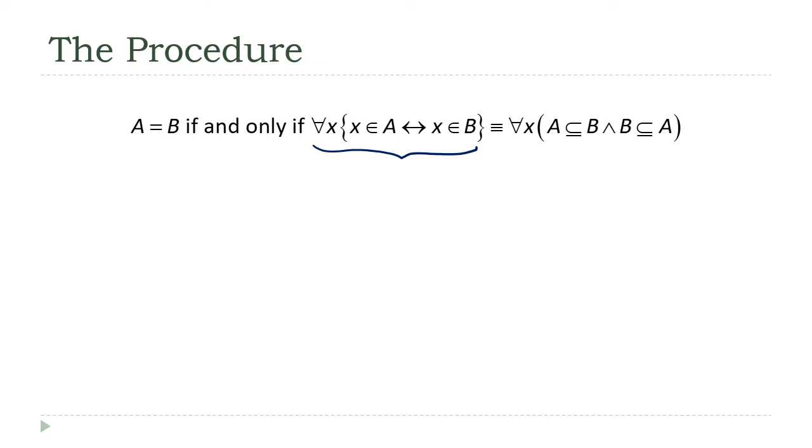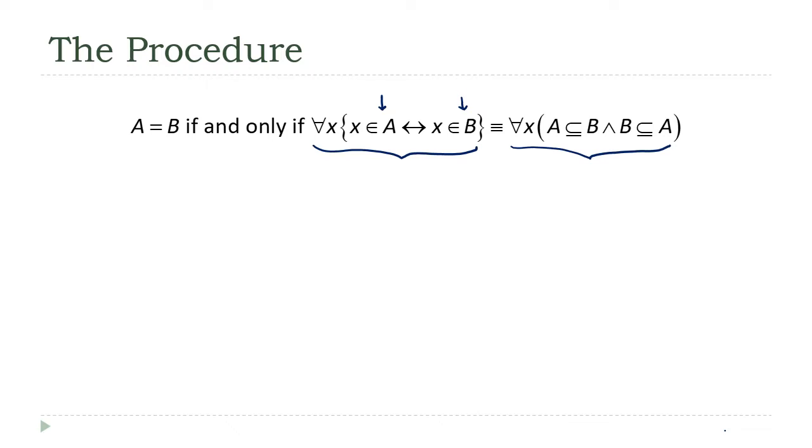Two sets are equal if and only if x is an element of one, if and only if x is an element of the second. And then we went on from there and said, okay, look, that is equivalent to this statement about subsets. And this is the version that we're going to actually use to prove things.